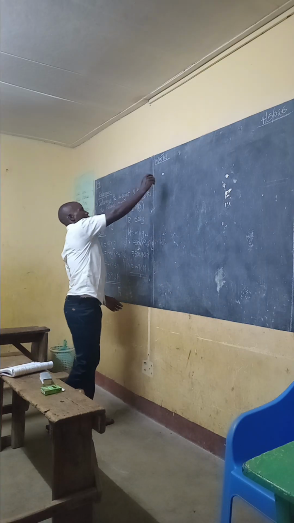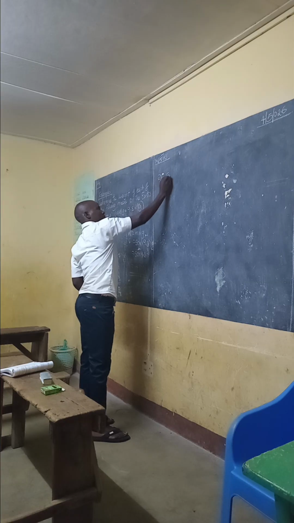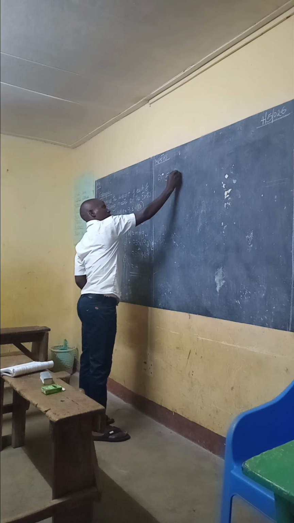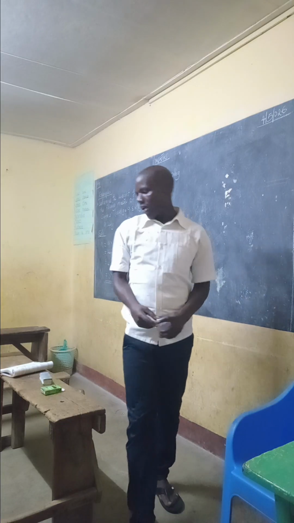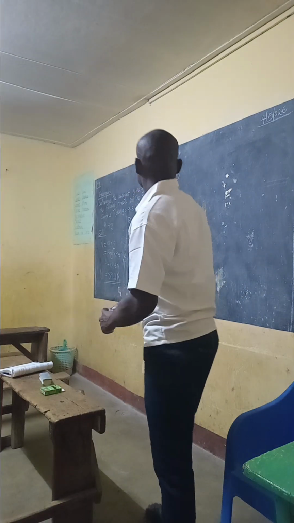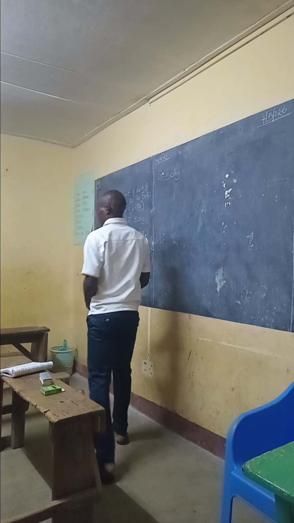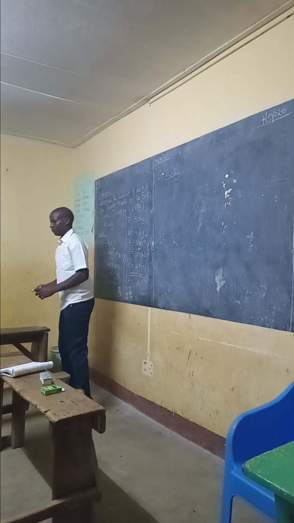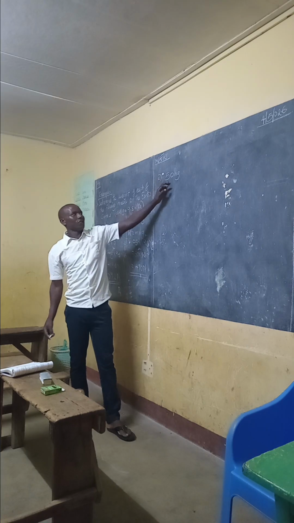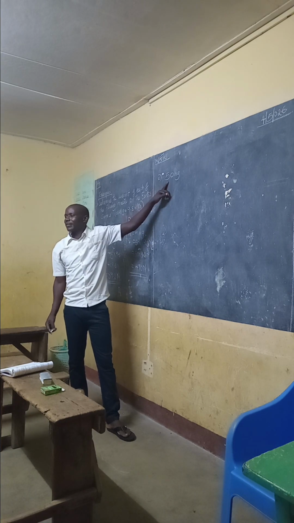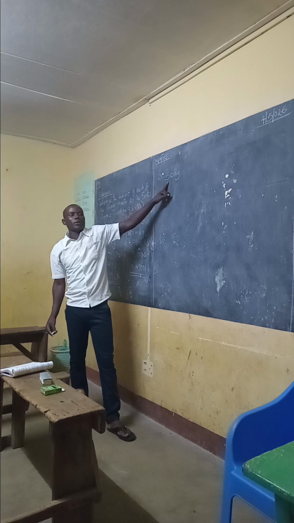50 hectogram. So when we are given a different unit other than kilogram, we have to convert that unit to kilogram.